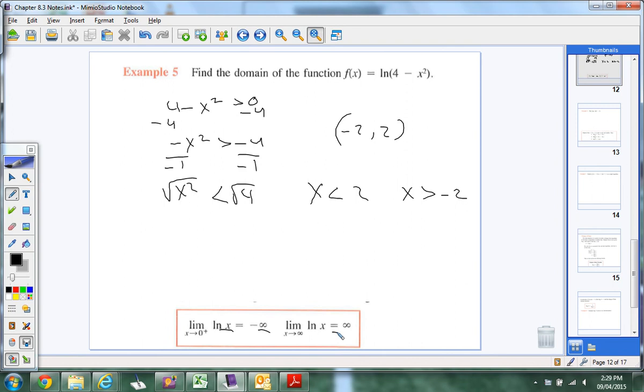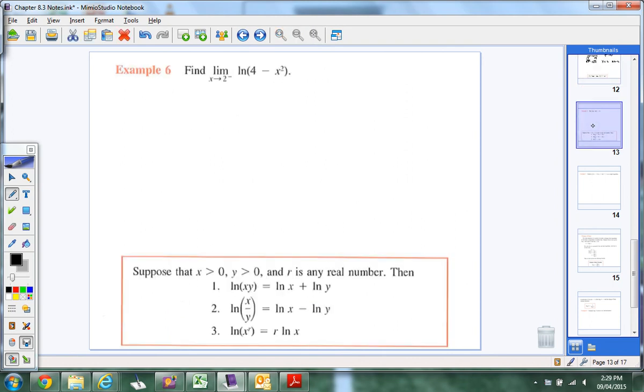So what they do is make this essentially t, and then they're going to say limit as x approaches 0 from the right of ln of t.